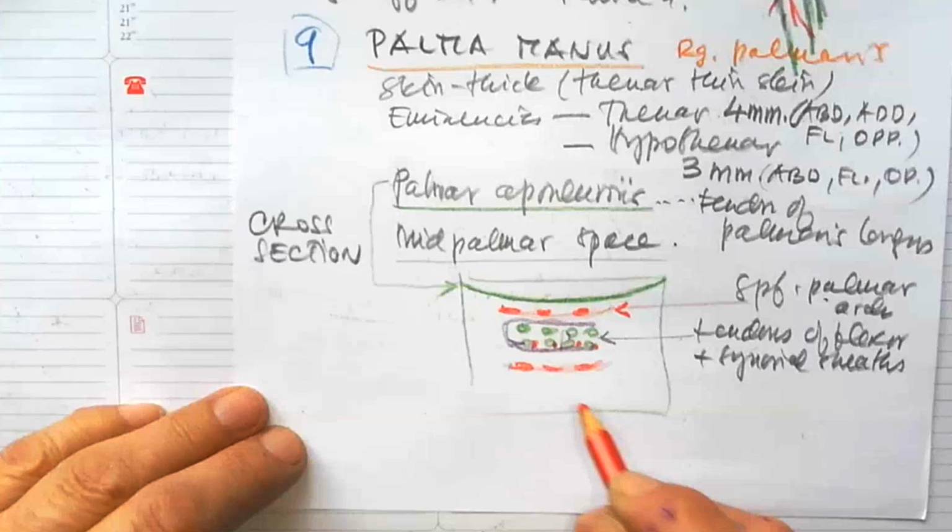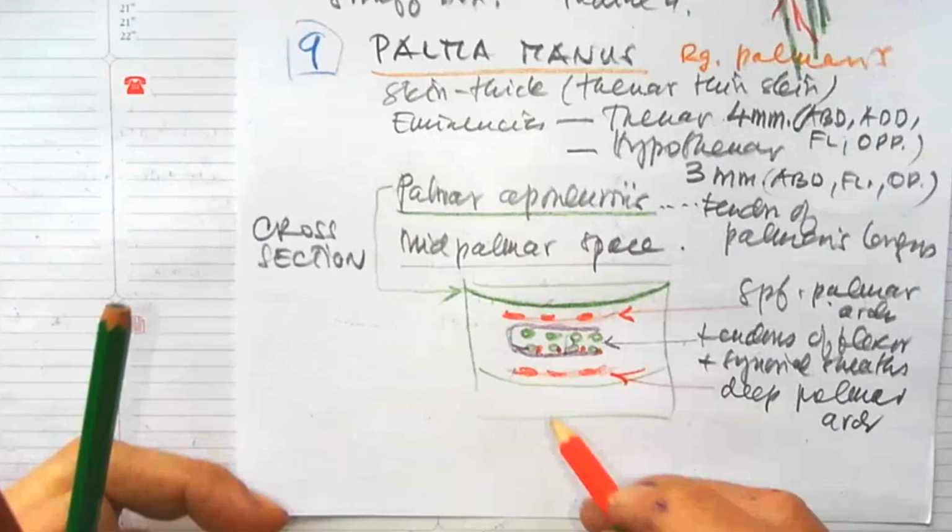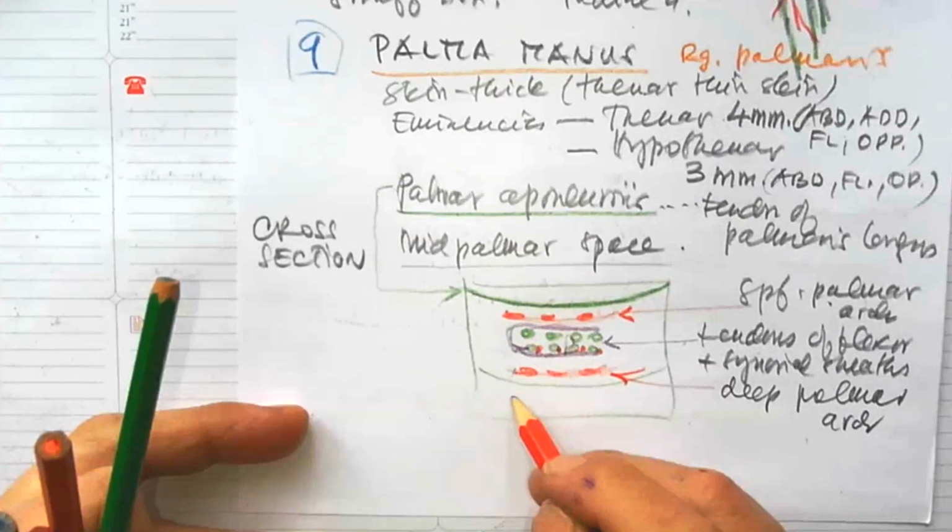Then follows again the fascia, the palmar interosseous fascia, and then the bones, which are definitely the metacarpals.